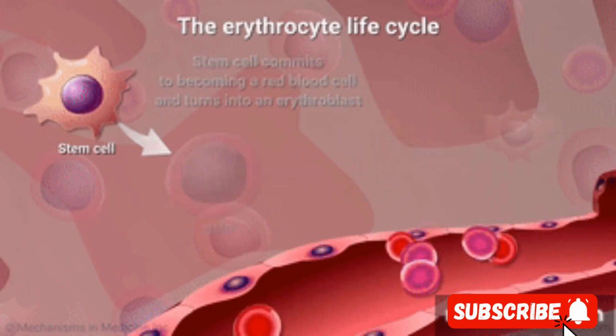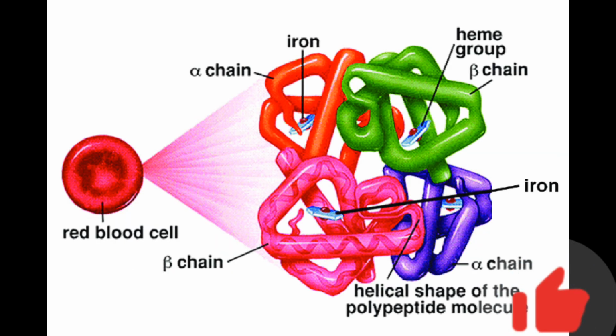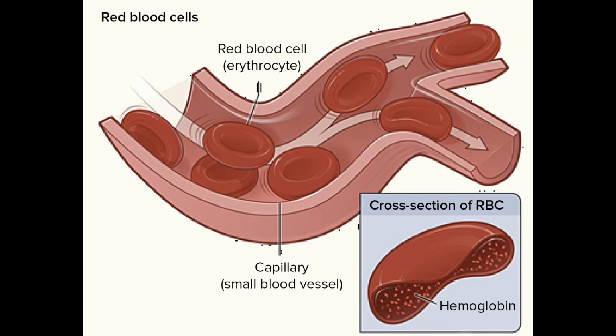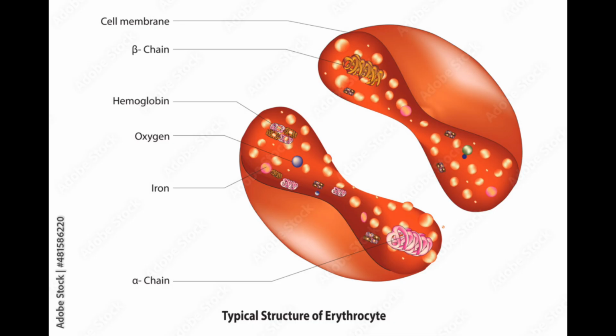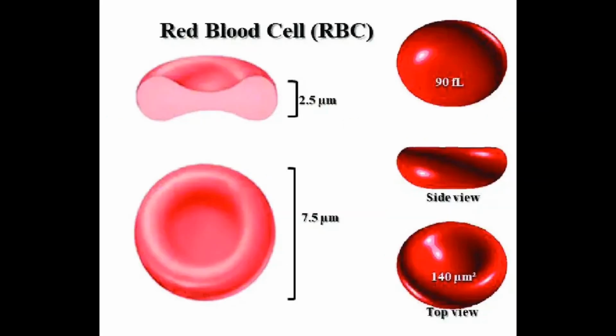The destroyed red blood cells are fragmented and Hb is released from the fragmented parts. Hb is degraded into iron, globin, and porphyrin. Iron combines with a protein called apoferritin to form ferritin, which is stored in the body and reused later. Globin enters the protein depot for later use.